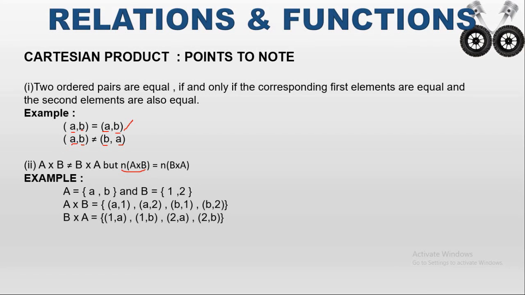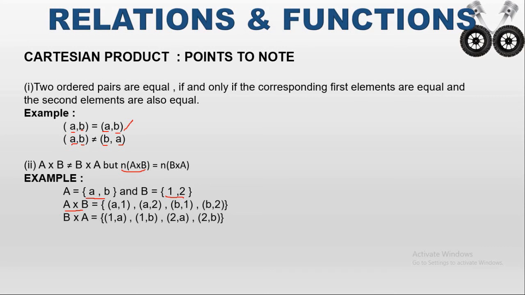So for example, see here A equals {a, b} and B equals {1, 2}. So what are we going to find first? We are going to find A cross B. So A cross B means first you have to write the A value as the first element. So what is the first element? A value, that is a. So a comma, and in B the first element is 1.